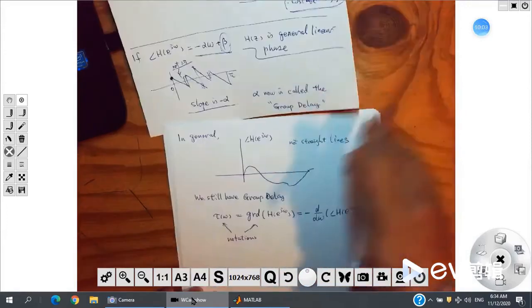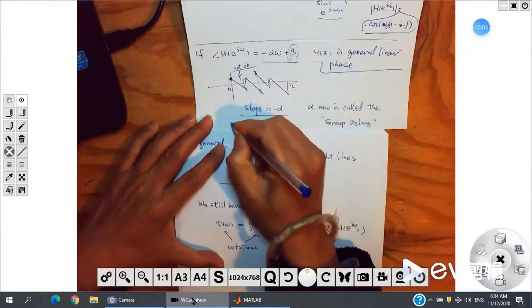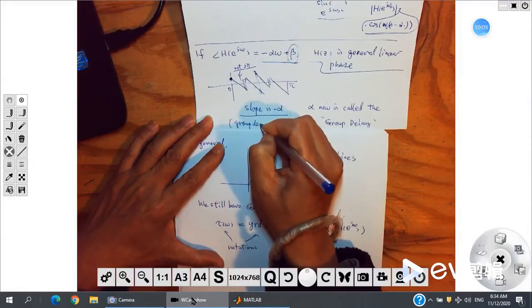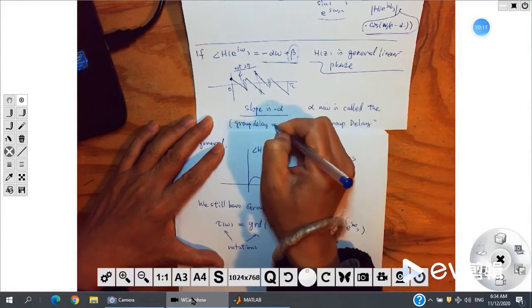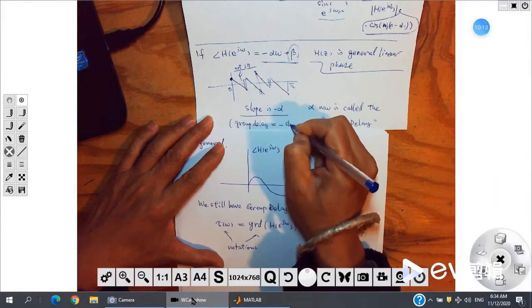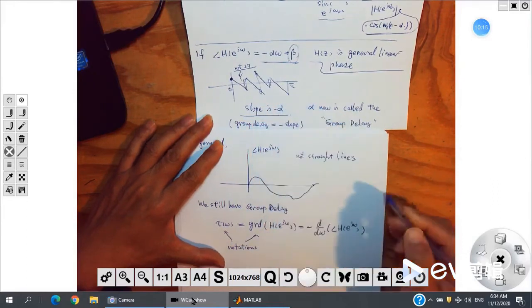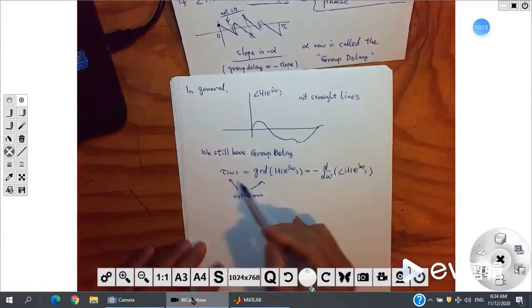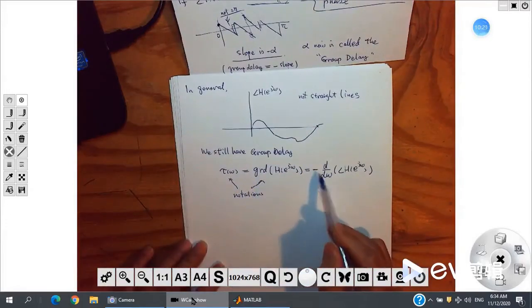So here is another way to say it: what is group delay? Group delay is the negative of the slope.